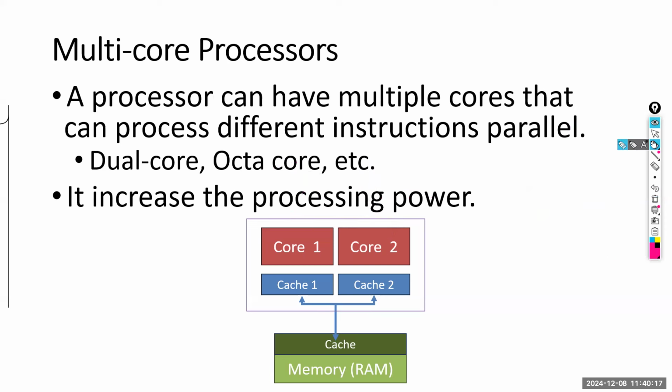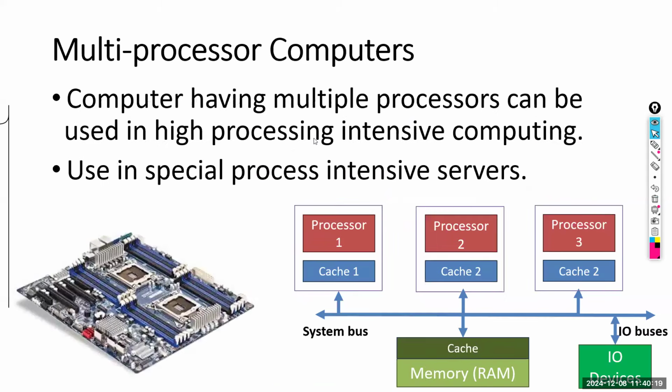So another option is to go for multi-processors. That is not where your processor has multiple cores; you have physically different multiple processors. That means multiple processor slots are there, and in each slot you fix one processor, and maybe that processor also has multi-cores.